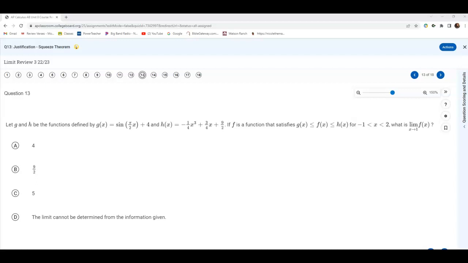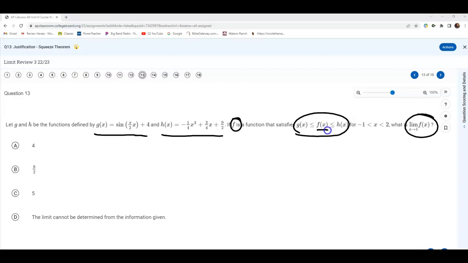So first of all, they give me 2 functions, g and h, and then they talk about this other function, f, and apparently f is always in between g and h for all values of x between -1 and 2. Now, they want to know what's the limit of f of x as x approaches 1. Well, here's the thing.